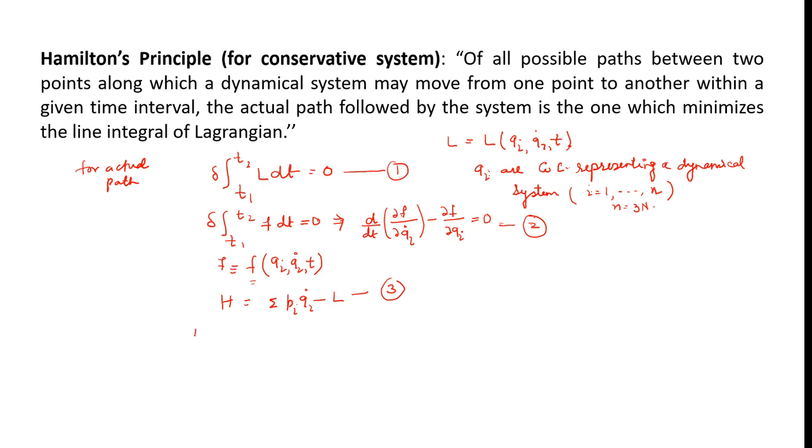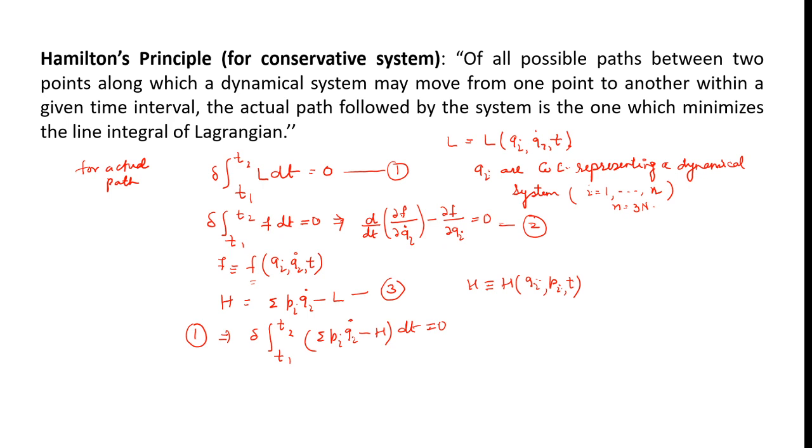Now 1 may be written as the delta variation of the integral of sigma pi qi dot minus H, where this H is a function of qi, pi and time, because H is defined in the phase space.